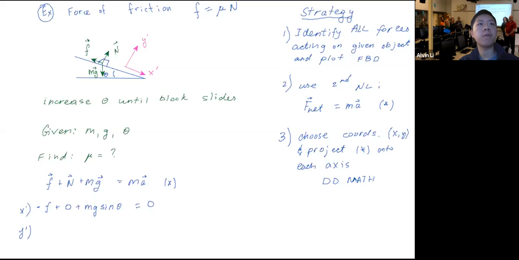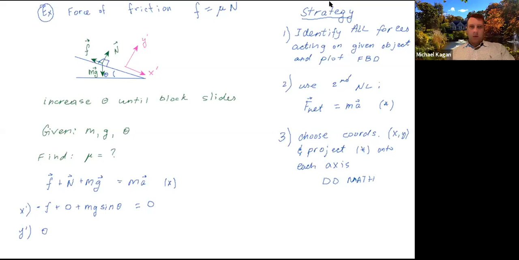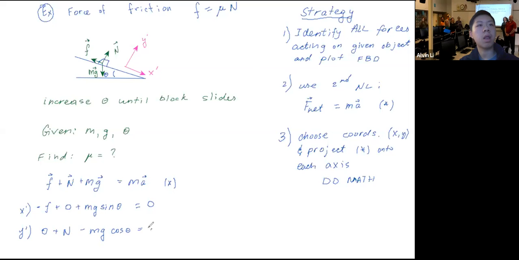Okay, so we have n minus mg cosine theta. Again, it is 0. Plus, right? Minus mg cos theta. And what do I put here? 0 as well.